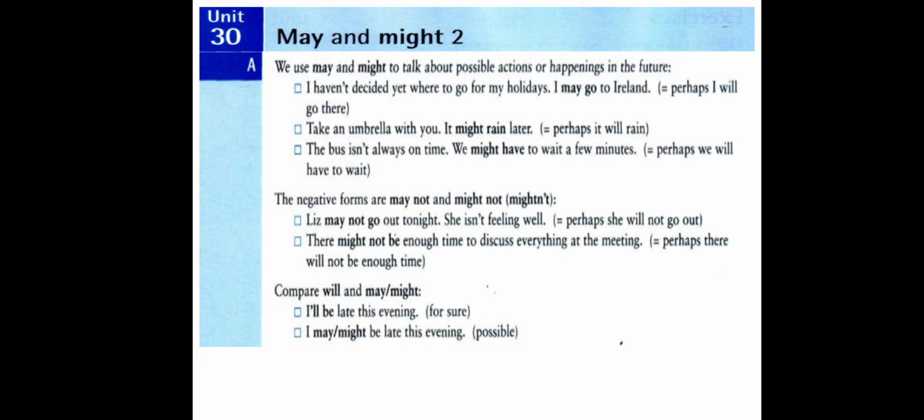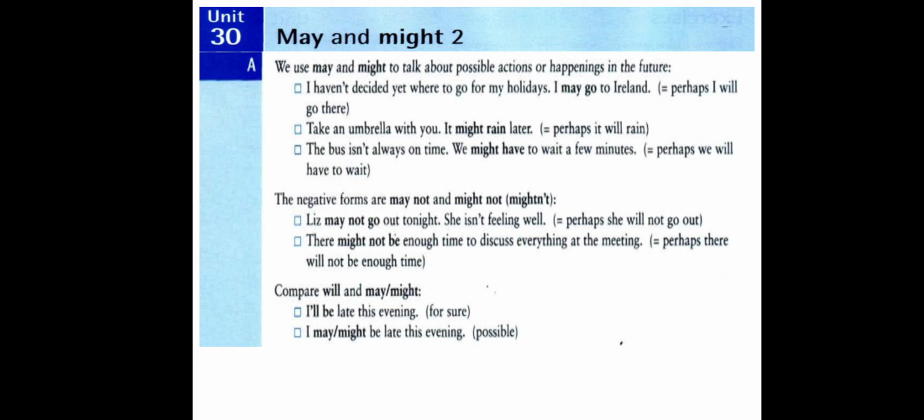Compare will and may and might. When you say I'll be late this evening, meaning the coming evening, you are sure that you will be late. Here you express that you are sure about that. But when you use may and might, you express possibility or probability.